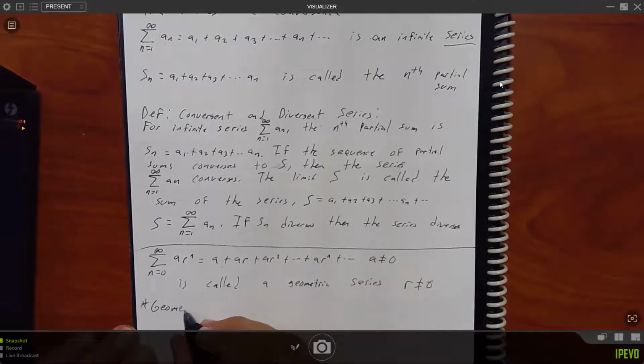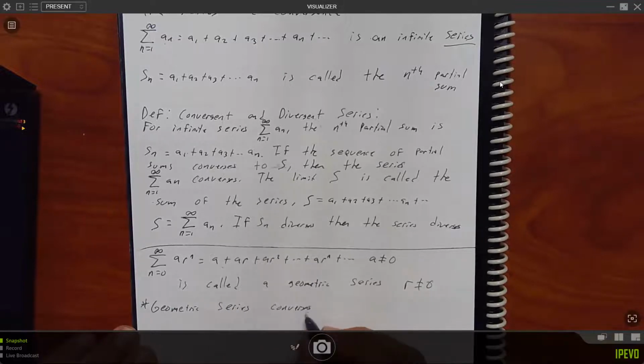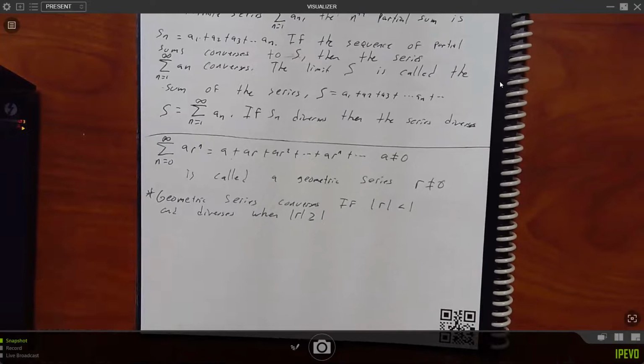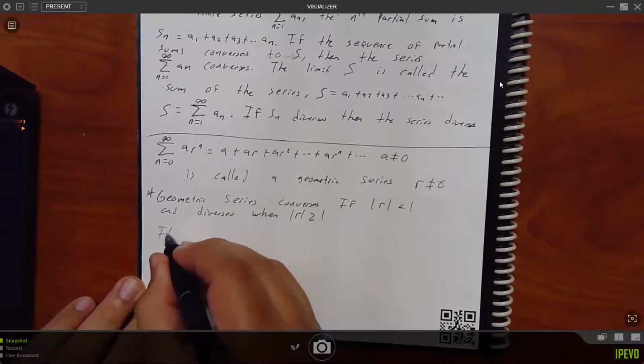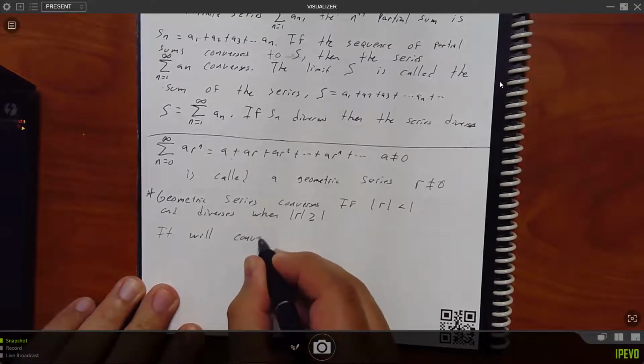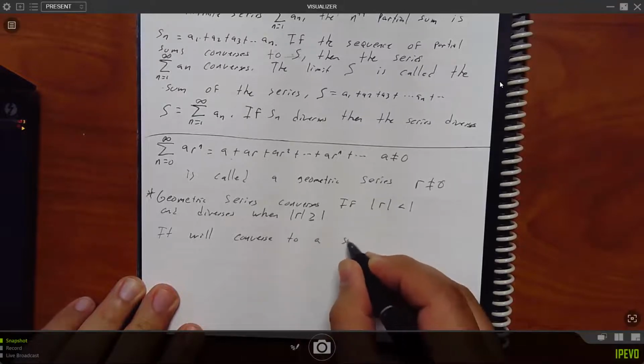A geometric series converges if the absolute value of r is less than 1, and diverges when the absolute value of r is greater than or equal to 1. It will converge to a sum.